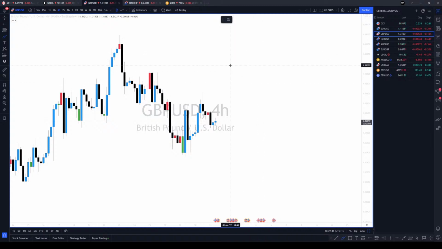Have an Excel sheet with OB, H4 OB, OTE, and I don't know what you trade, stop rates, rate, and then this one would be long term.